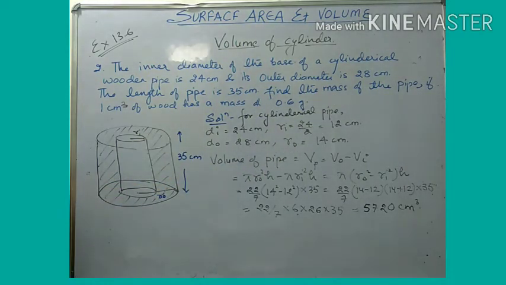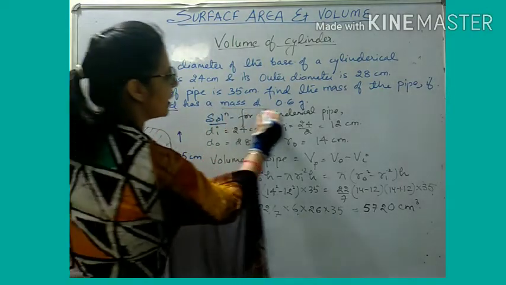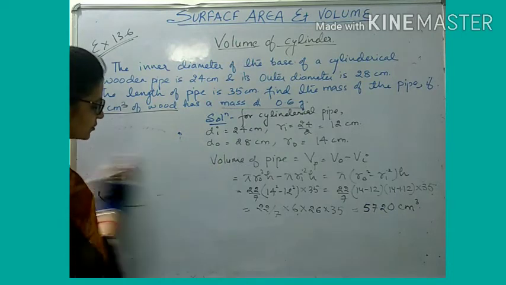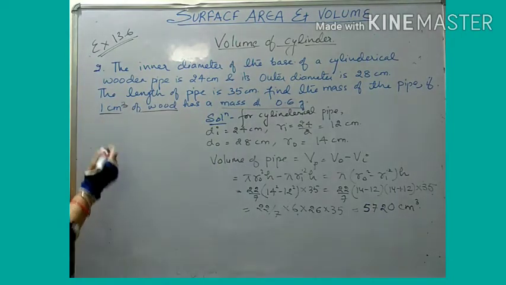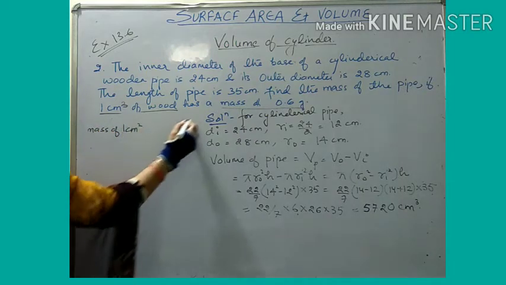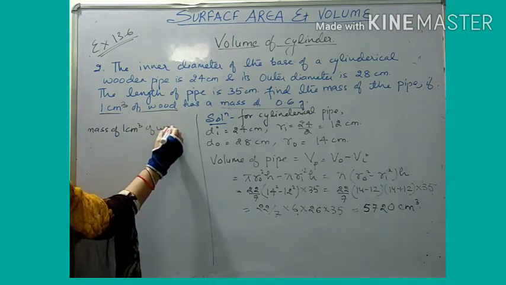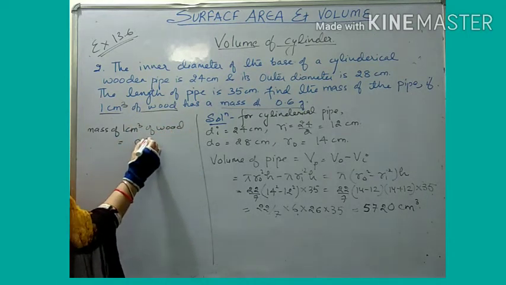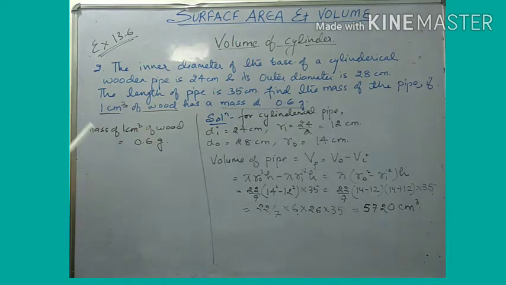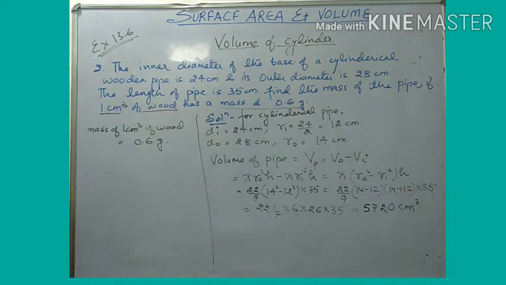If 1 cubic centimeter of wood has a mass of 0.6 gram. So it means what is given to us? Mass of 1 cubic centimeter of wood कितना है? 0.6 ग्राम है. अब ये हमारा पाइप किससे बना हुआ है? वुड से बना हुआ है. तो अब उस वॉल्यूम ऑफ द वुड कितना निकला? 5720 सेंटीमीटर क्यूब निकला.